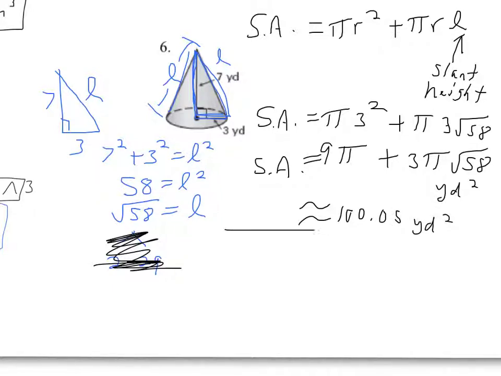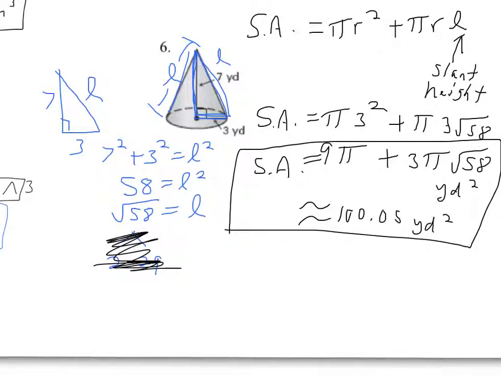That probably makes a little more practical sense in this case. If you're wondering why can't I add the 9 pi and the 3 pi and simplify it to make 12 pi, it's because this one has a radical 58 and this one doesn't, so they're not like terms. It's almost like if you had 9 pi and 3 pi x. Those wouldn't be like terms because this one has an x and this one doesn't. So we would just have to leave it like that.